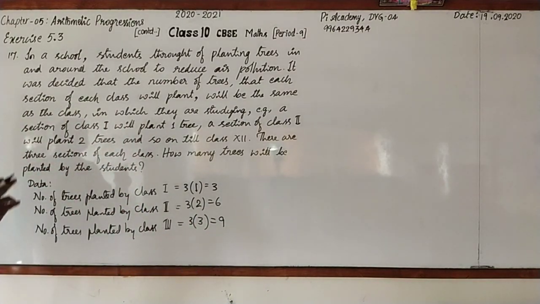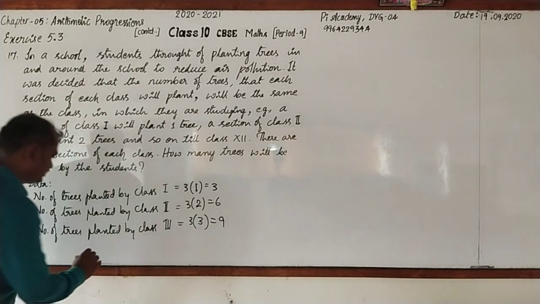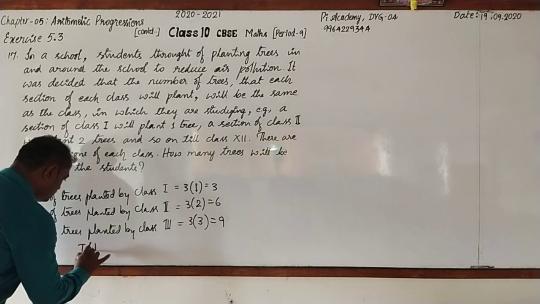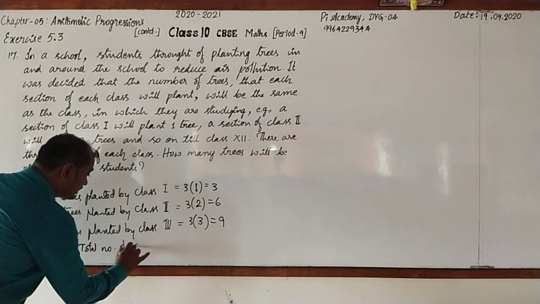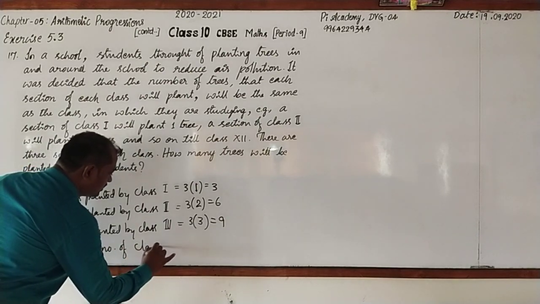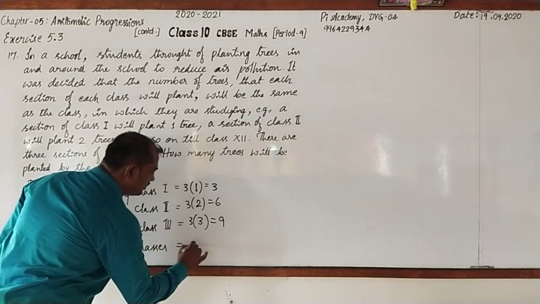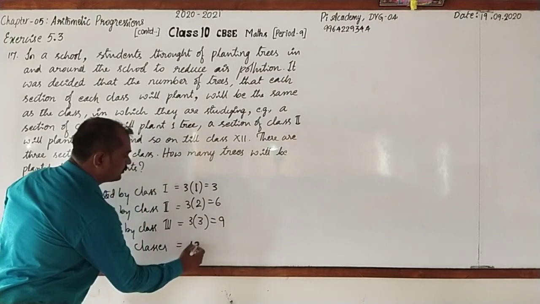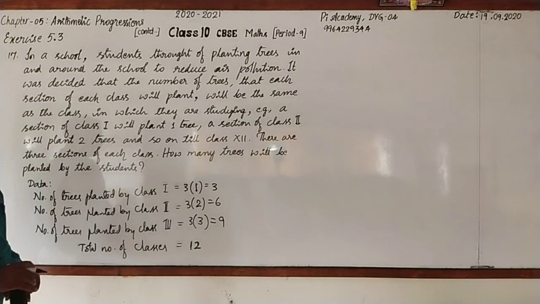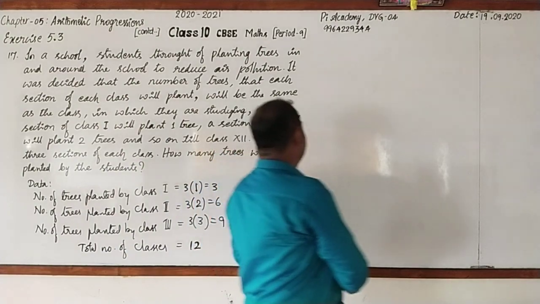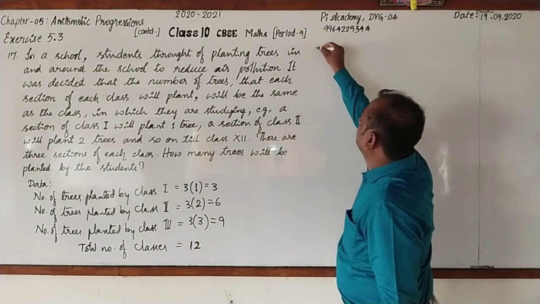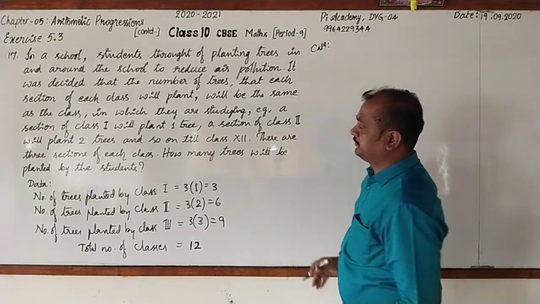Clear? So total number of classes, not sections, classes, how many? 12. Got it? Okay. Now observe. Here I'll write the calculation.